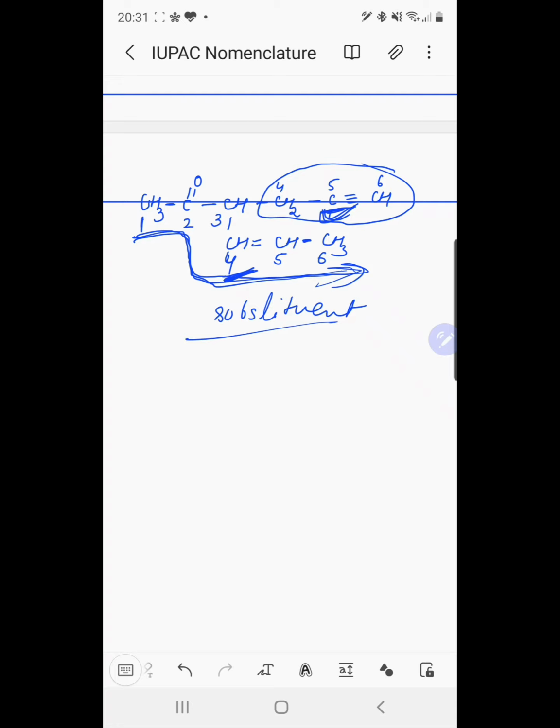So the name of this compound will be: because we have a substituent at the third position, we give numbering to this substituent 1, 2 and 3. So it is prop-2-ynyl.